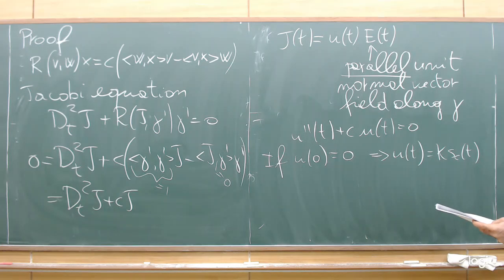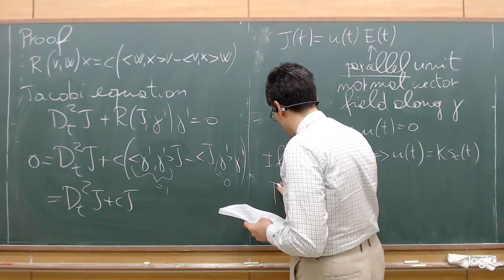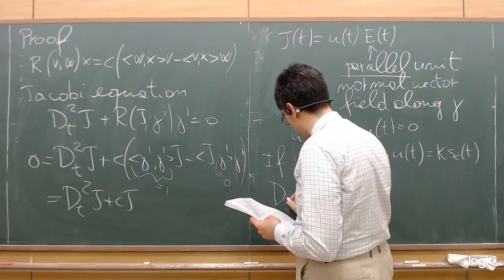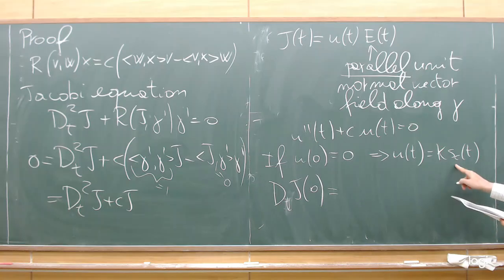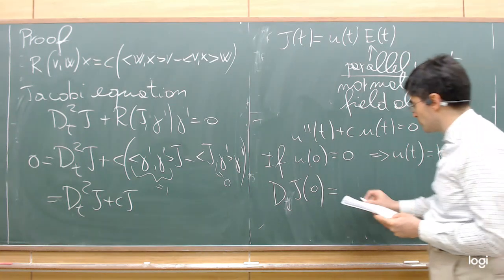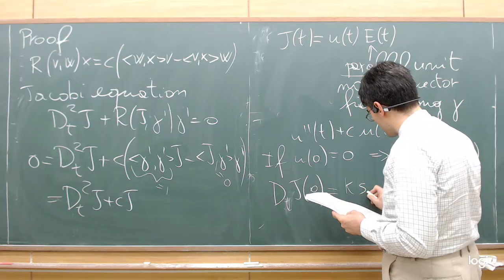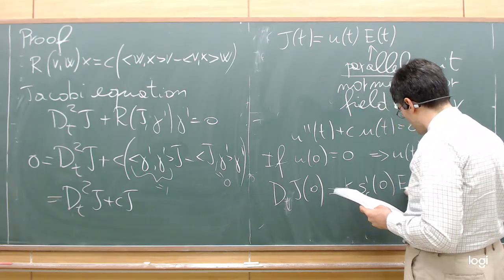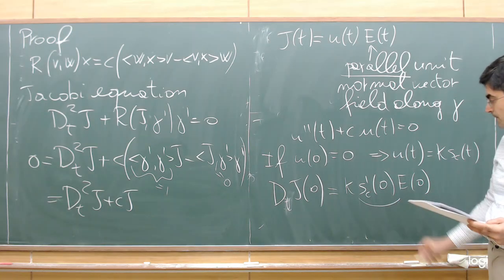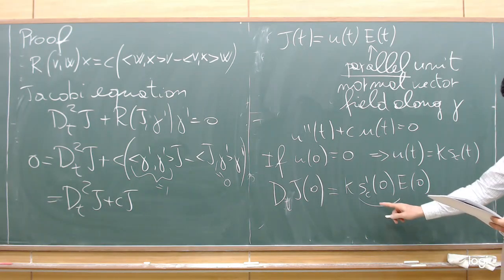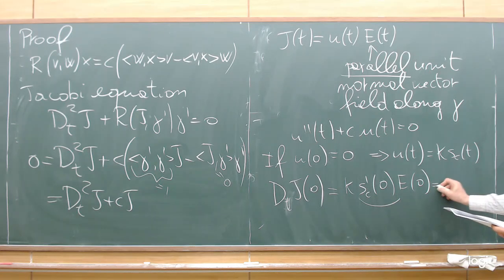Now if you want to prove the other statements, you compute D_t J at 0 using this formula and this formula. So you will get K sn_C prime 0 is 0, and by definition this is equal to 1, so this is K.